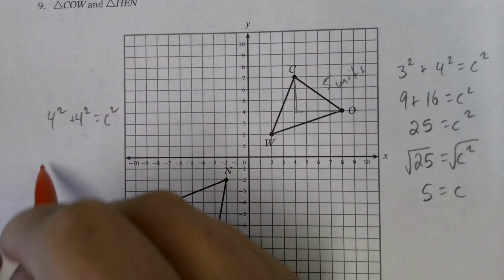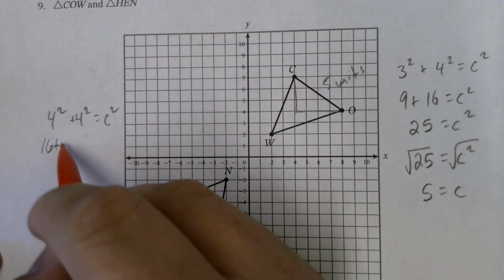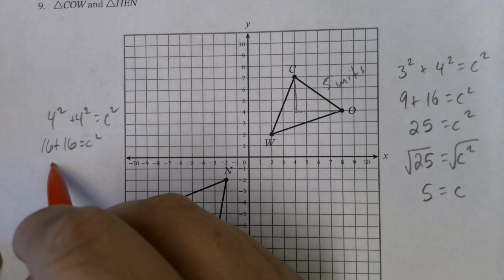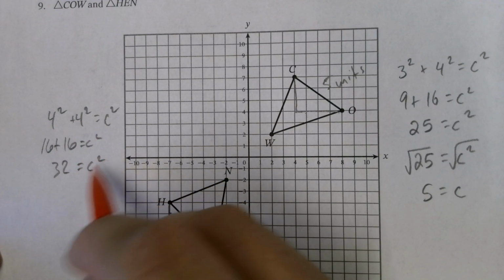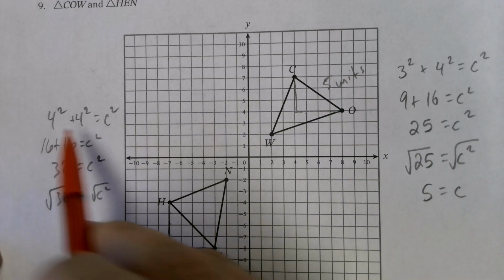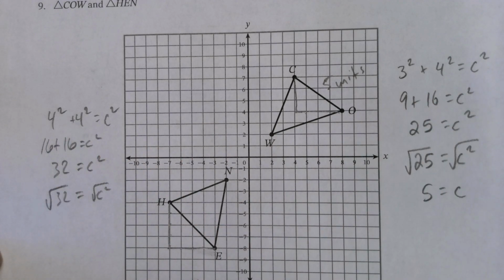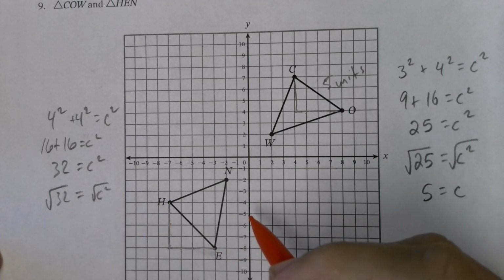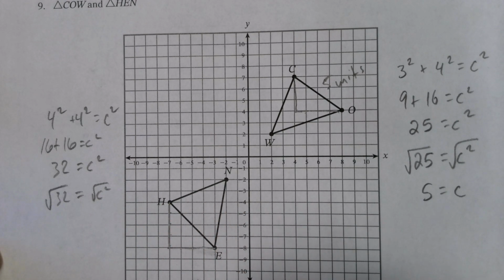Even without doing any work, I notice that I have different sides of my triangles, which is reason enough to say these are not congruent.